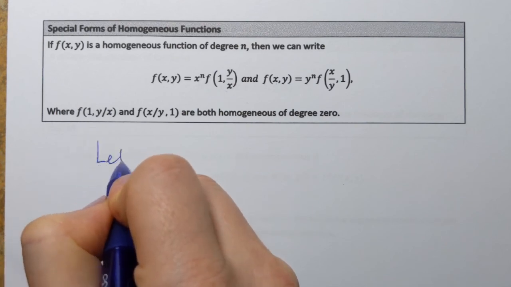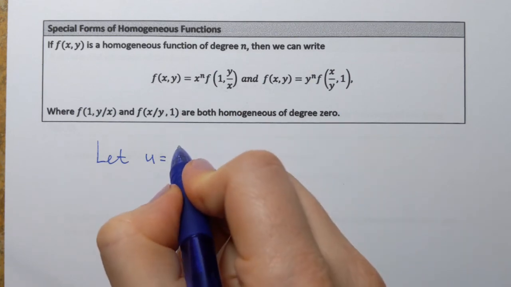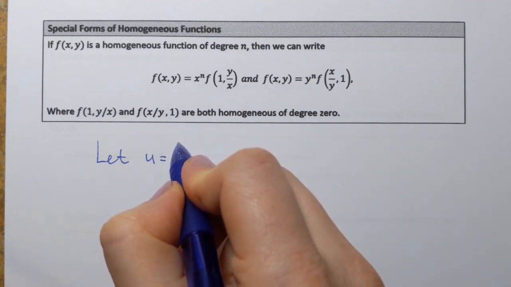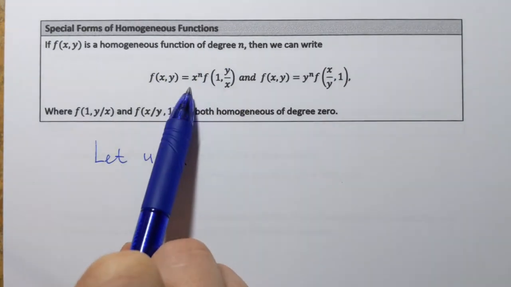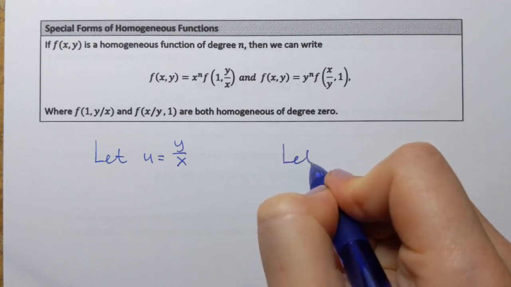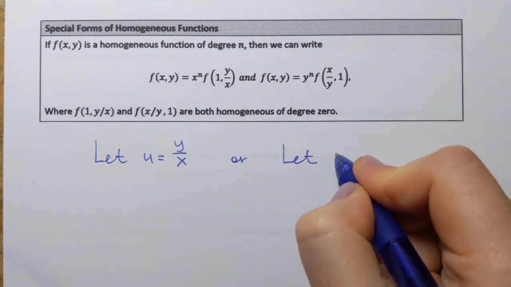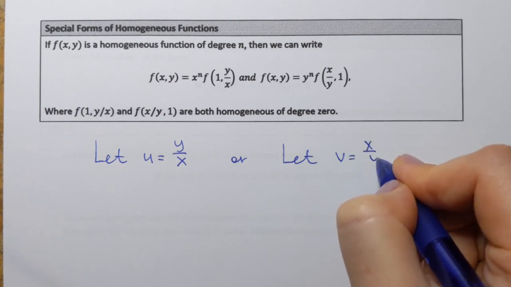So we're going to say let u, we're going to pick that variable, and that's the one that's commonly used. Let variable u be equal y over x. That's kind of like when we deal with this case. Or let variable v equal x over y.